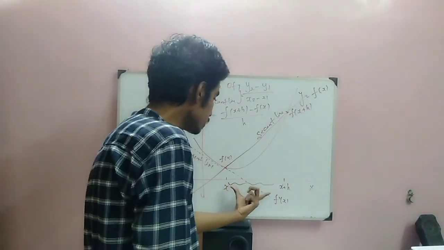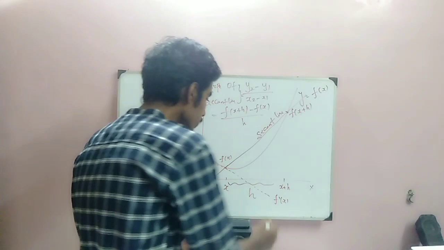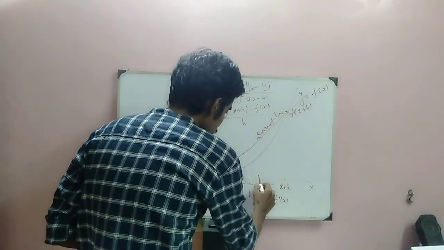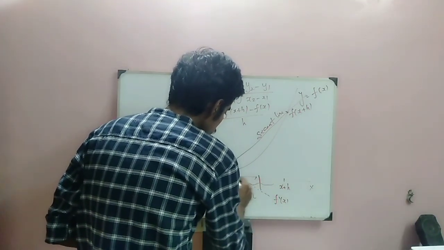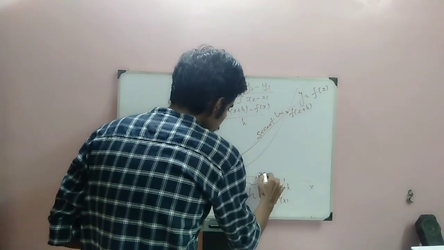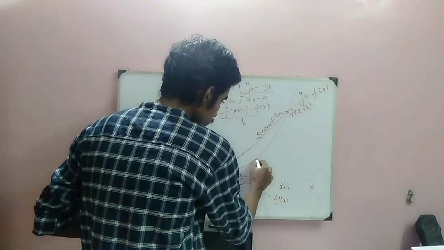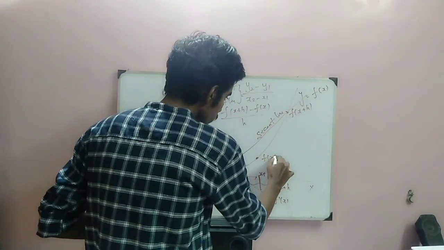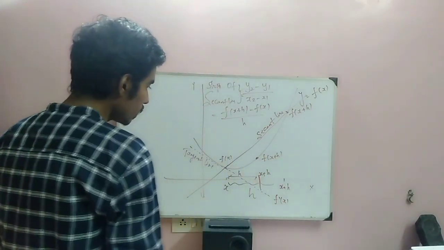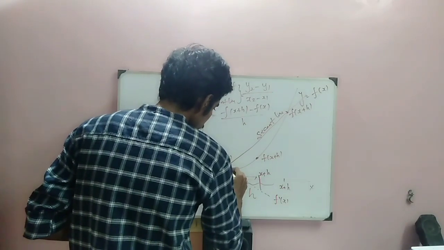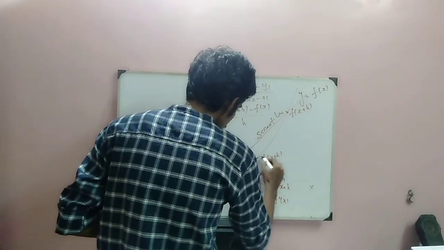Instead of this big h, I am going to make a point here. So this is our new h now, and this is x plus h. So what will the function value be? Our function value is here, which is f of x plus h. Now what will the secant line be? The secant line will be somewhere around here.